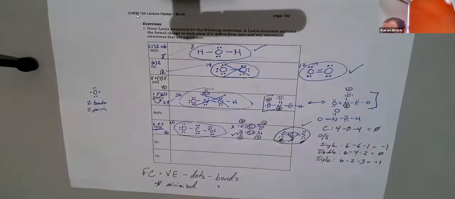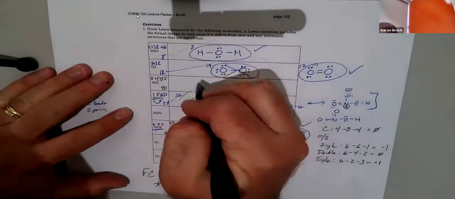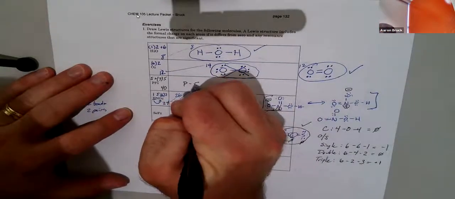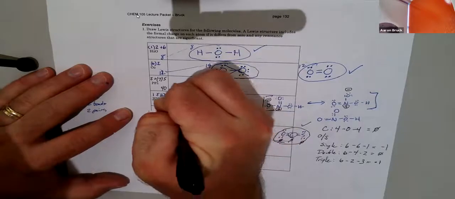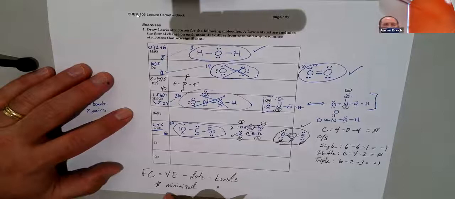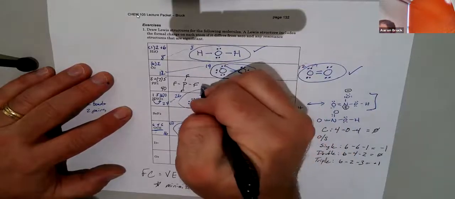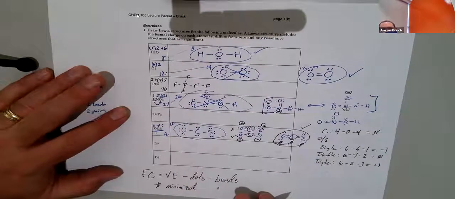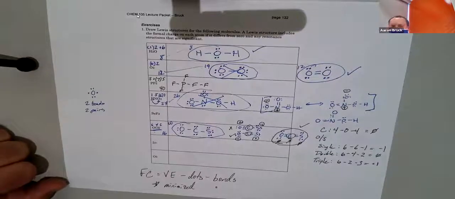Now, if I draw this structure to obey the octet rule, I end up with something like this. I can only make 4 bonds with the phosphorus to fluorines. I'm gonna have to make like a bridge to get that 5th fluorine in there.